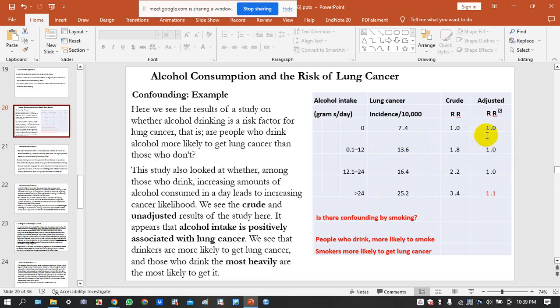So we can see 1, 1, 1, 1, meaning the standard, meaning that there is no increase in the odds of lung cancer based on somebody drinking alcohol, unless the person is drinking alcohol and smoking at the same time, before he can get lung cancer.